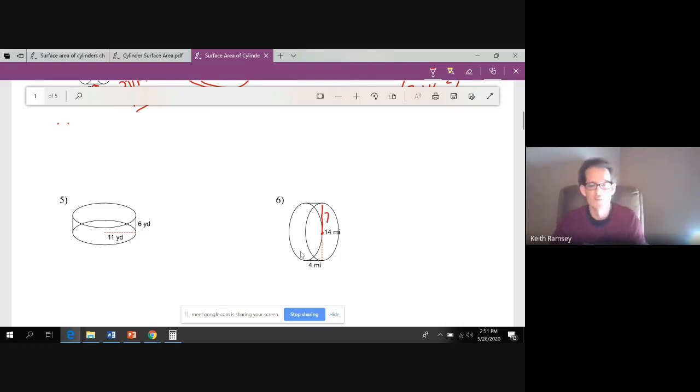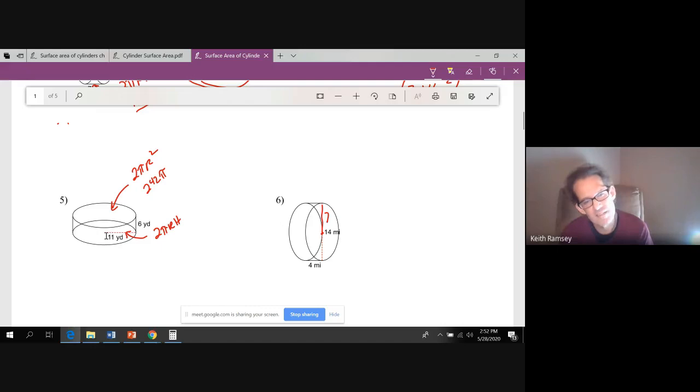Okay, let's take a look at number 5 and 6 together. So my first step is to find the area of the top and the bottom. So 2 times pi r squared. If my radius is 11, I know 11 times 11 is 121, times 2 is going to be 242 pi. Okay, and then for my lateral surface, I know my formula is 2 times pi times the radius times the height.